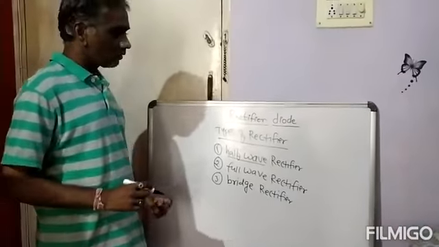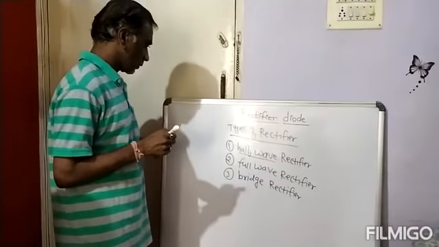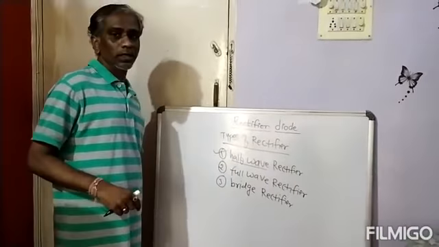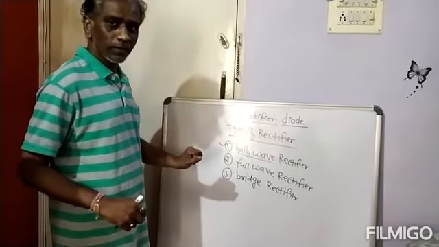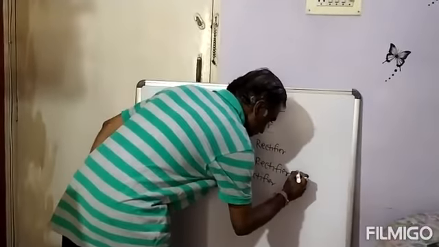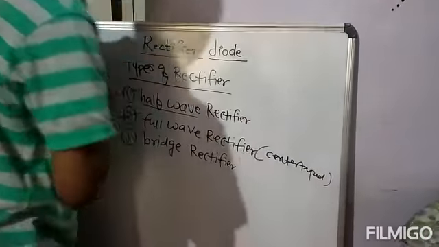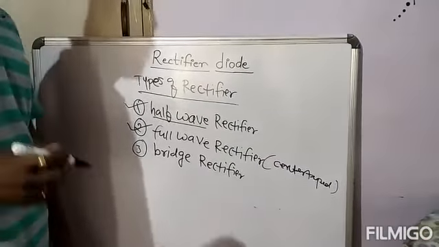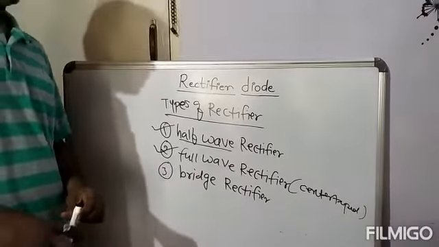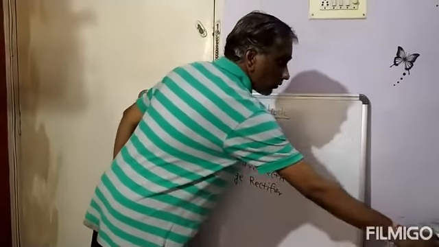In a half wave rectifier we use only a single diode, whereas in a full wave rectifier we use two diodes, actually with a center tap. I will explain the center tap when I go to the full wave rectifier. First I will explain the half wave rectifier.